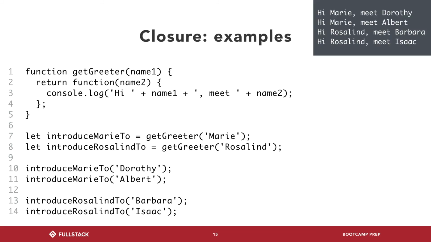And then this is the last example. Once again, same idea. Notice how on lines 7 through 8, we're invoking the getGreeter method twice. Each time, getGreeter is creating a new instance, running all the code from scratch, and returning a brand new function. Now, these two functions do the same general thing, but they are two distinct functions.